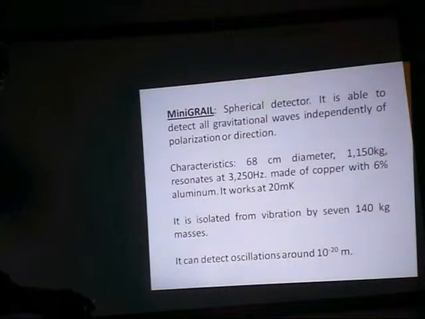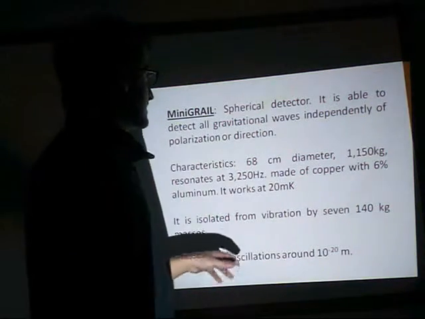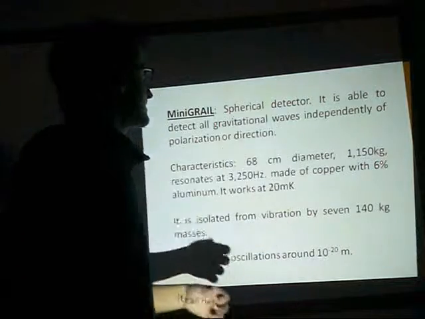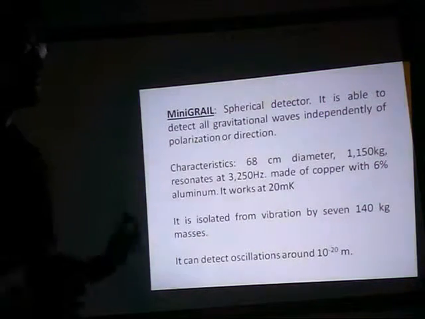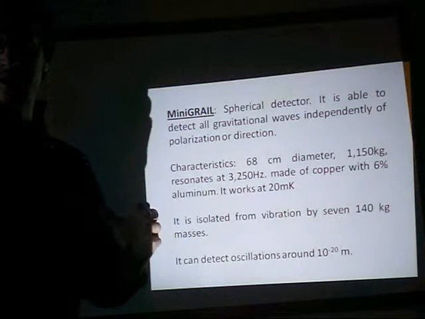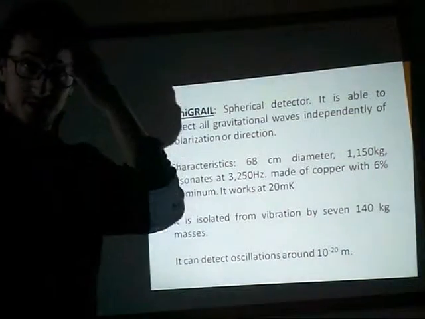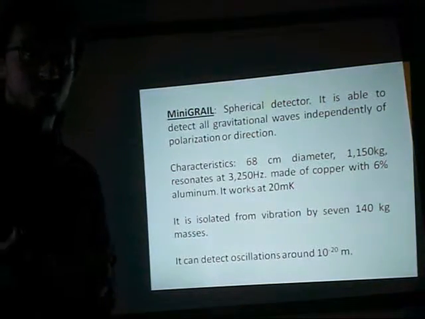And the Mini Grail is the most important of this type, but with the particularity that it has a spherical form, and for that it's able to detect all gravitational waves independently of the polarization. Why?